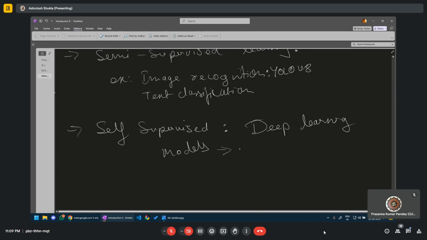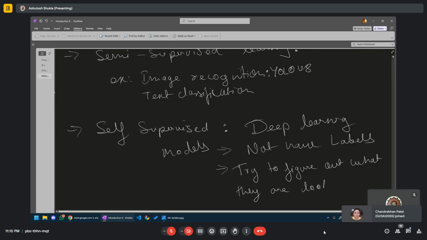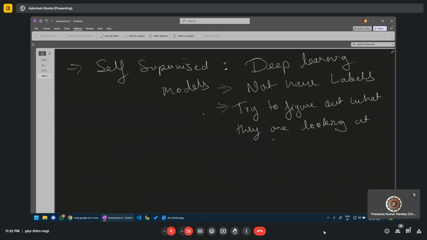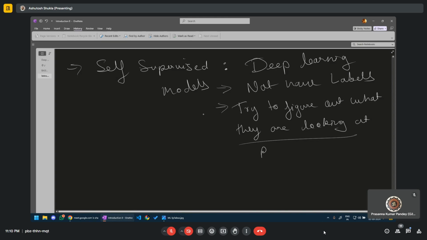What they do is they usually do not have labels, and they try to figure out what they are looking at. Might not be the best way to describe it, but more of what pattern they are looking at, because these are used for pattern recognition.